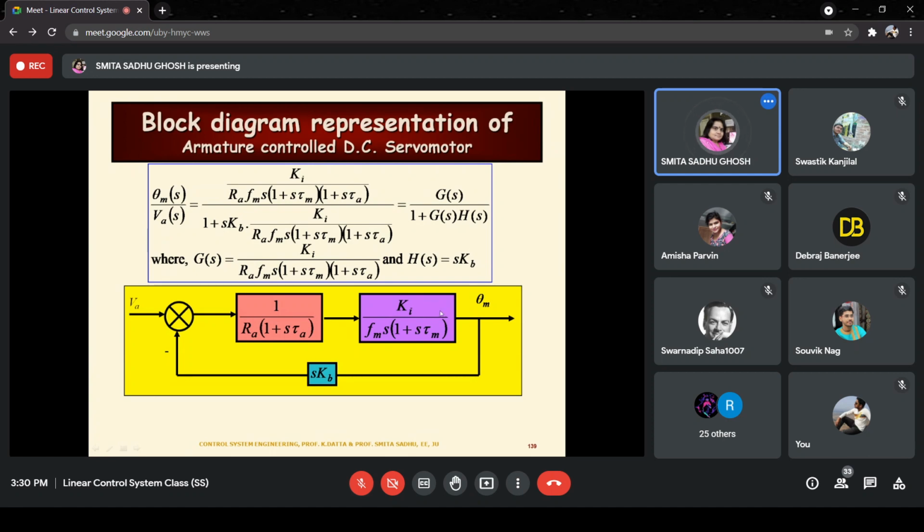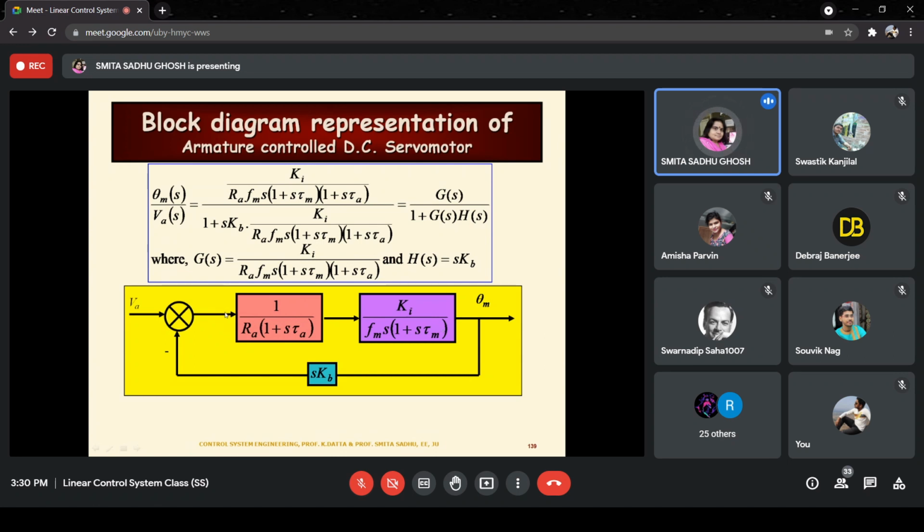So this denotes the mechanical portion of the forward path transfer function, and this denotes the electrical part of the transfer function, right? When you take both together, naturally these are cascaded, so it's going to be multiplied. So if you say this is G1, this is G2, then G is equal to G1 G2. When you multiply these two, you get G, the forward path transfer function, right?